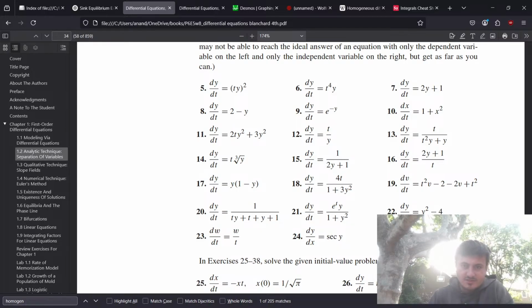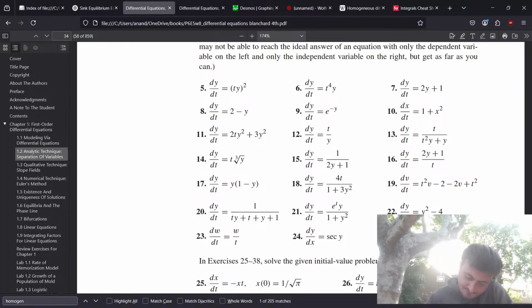Okay, so this one's interesting. dy dt is equal to 2ty squared plus 3y squared. So what we're going to do is factor it. We get y squared times 2t plus 3. Then dy over y squared is equal to 2t plus 3 dt. And then we get minus 1 over y is equal to t squared plus 3t.